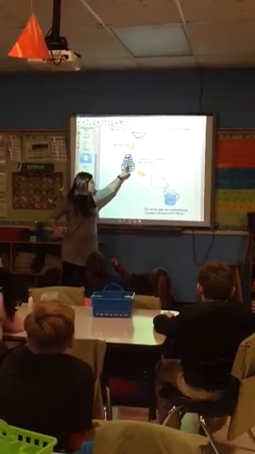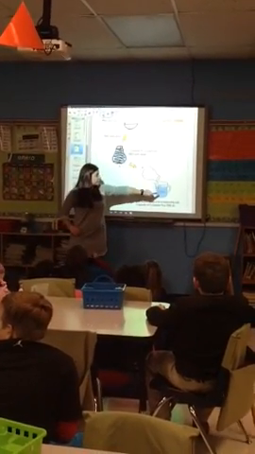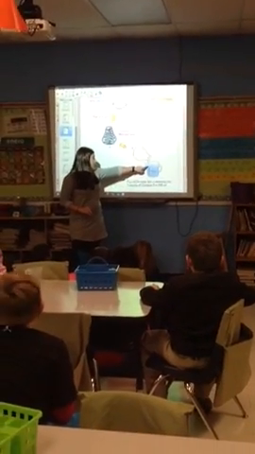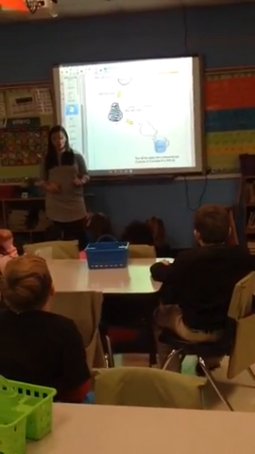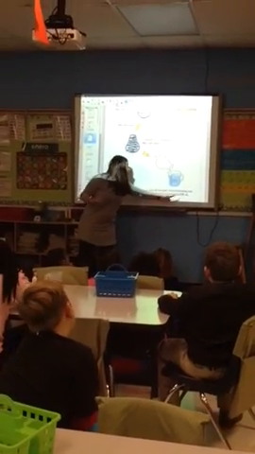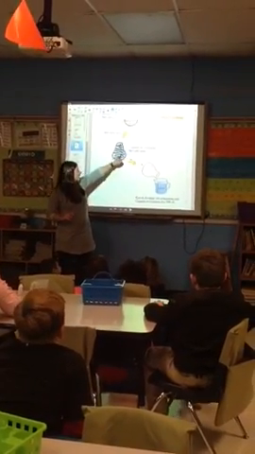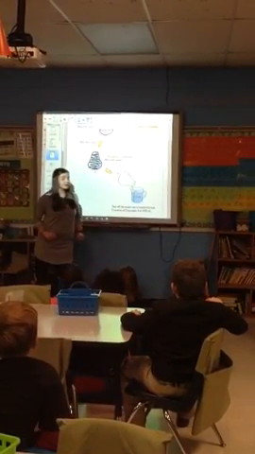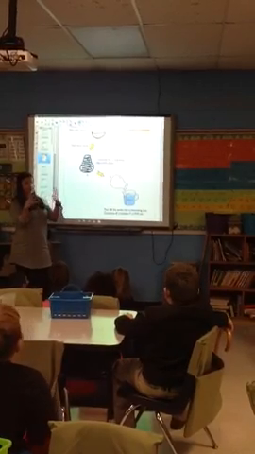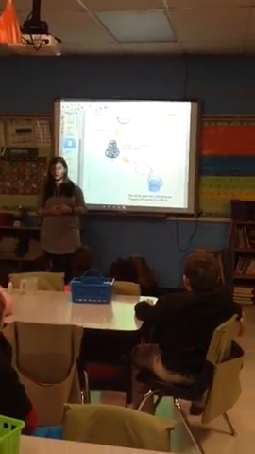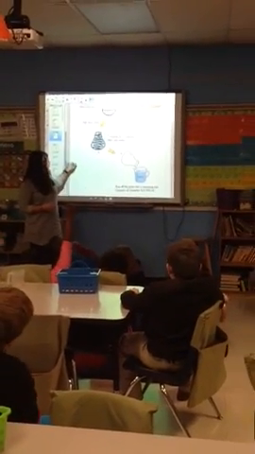Then they poured all of the water that was in container A into this measuring cup, and it filled it up to 900 milliliters. Okay, it says it right here. So the capacity of container A is 900 milliliters because that's how much liquid was in it when it was completely full.